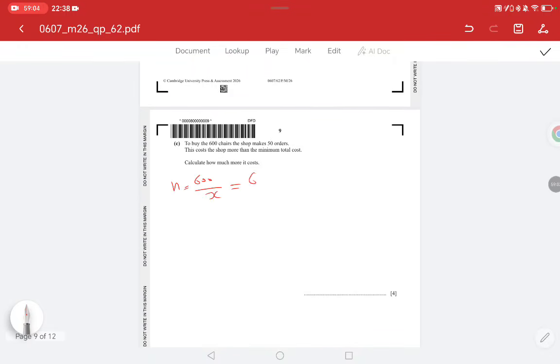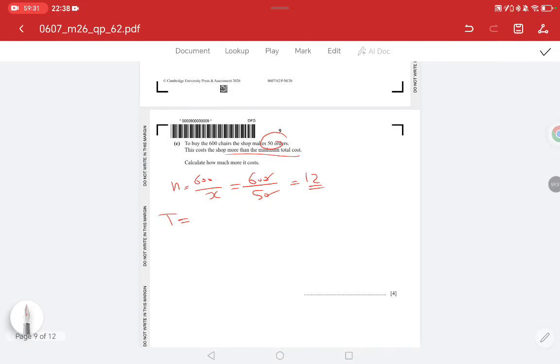We need the number of orders, so 600 over 50, right? This will give us 12 times of ordering.